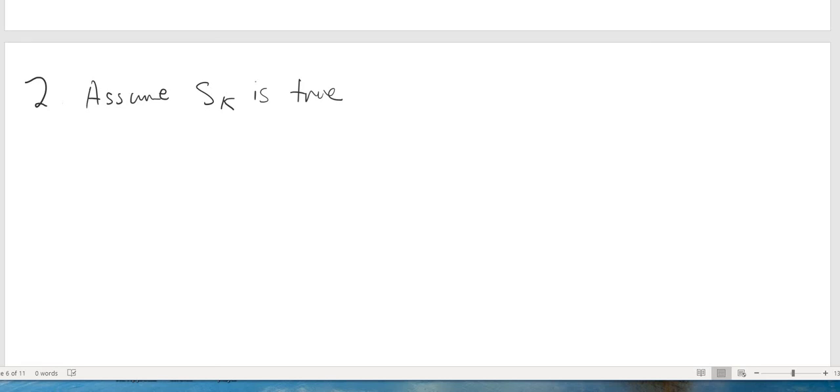So let me remind you what the formula looked like with n. So it was 1, 2, 3, 4, 5, you get the idea, up to some number n, equals n times n plus 1 over 2.